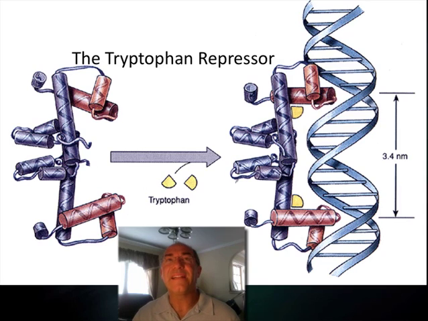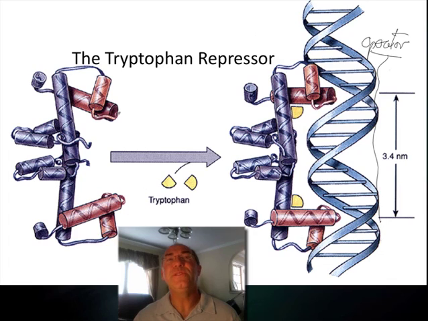So let's look at the tryptophan repressor molecule. And this is a protein that binds to the operator region. So in this diagram we see some double-stranded DNA, and this is going to be the operator region of that DNA strand. And here is a cartoon of this tryptophan repressor protein.